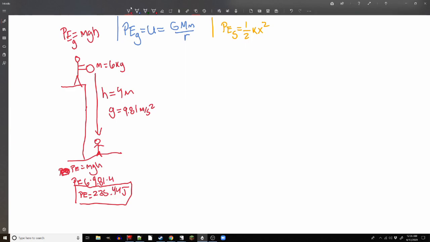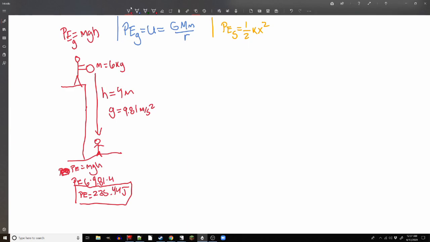One of the usual ways I would extend this problem, if I'm asking it on a homework or a test, is I would say, okay, let's imagine that you dropped it. So it had that much potential energy when you were holding it, at the top of its flight. If you drop it, all that potential energy gets converted into kinetic energy. So at the bottom, it has the same amount of kinetic energy as it had potential energy at the top, 235.44.